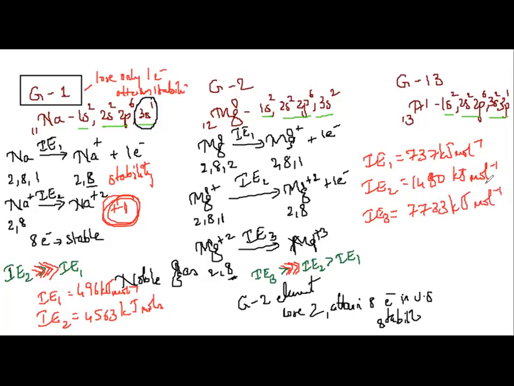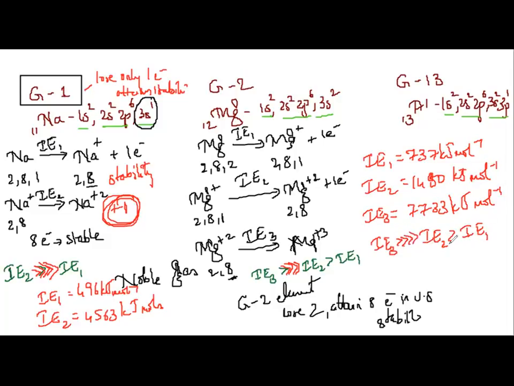Now see, the questions will give the ionization energies, and you need to predict what type of ion can be formed. If there is a gap, that is accepted because we already know higher ionization enthalpies are more than the lower. But look here, this is 1450 and the third ionization energy is 7733. Therefore, I say the third ionization energy is heavily more than the second ionization energy.